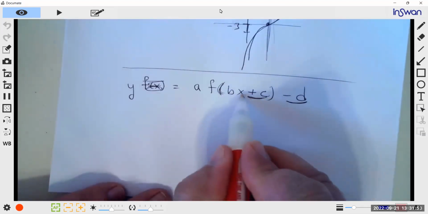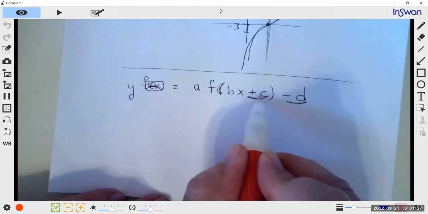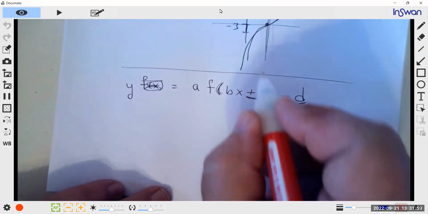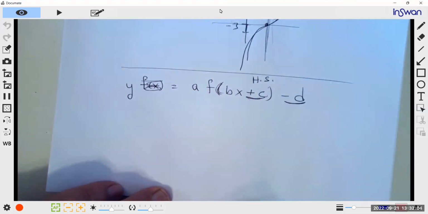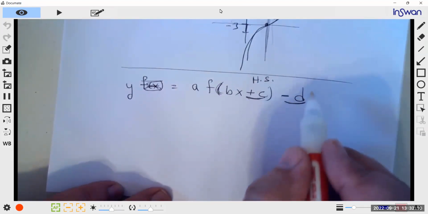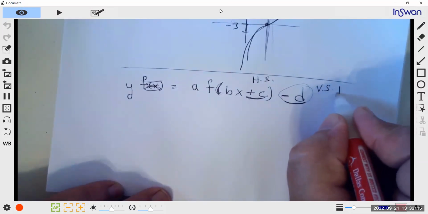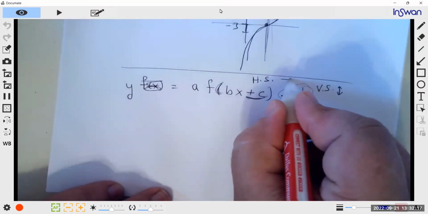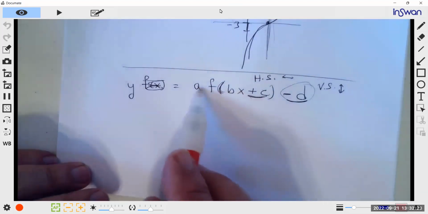Inside the function, wherever you have the x, if you have to add or subtract something to x before you do anything, that is your horizontal shift. Now, outside the function, with a plus or minus in front of it, that constant number is your vertical shift. You know that's where it goes up or down. Okay, now we have A and B to worry about.